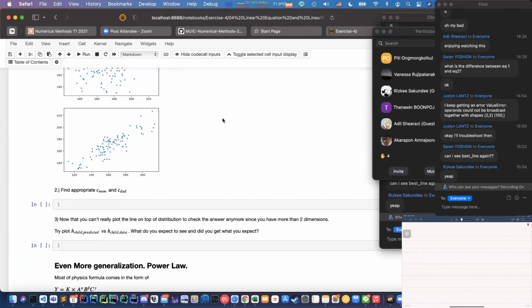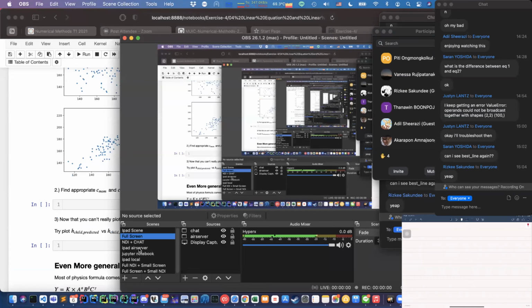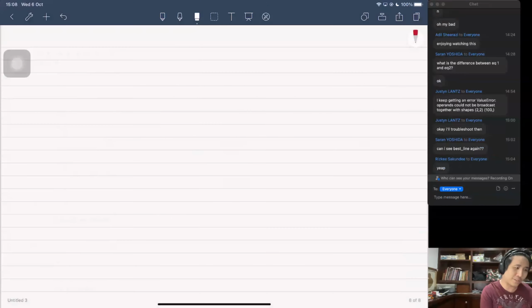Let me switch that real quick. Let me do the math for this one really quickly to show you that there's nothing stopping you from doing multiple variables, and this is actually a more generic approach. So our cost function is going to look exactly the same.